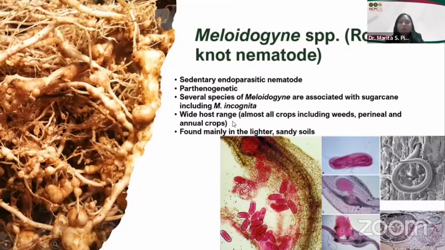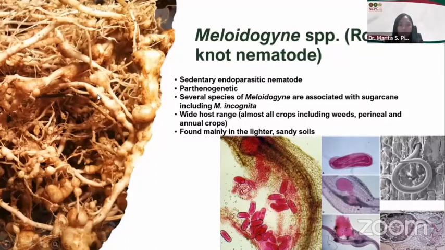Meloidogyne has a wide host range of all the nematode species, so it can infect weeds and other perennial and annual crops. In the sugarcane field, you can find Meloidogyne mainly in lighter and sandy soils.